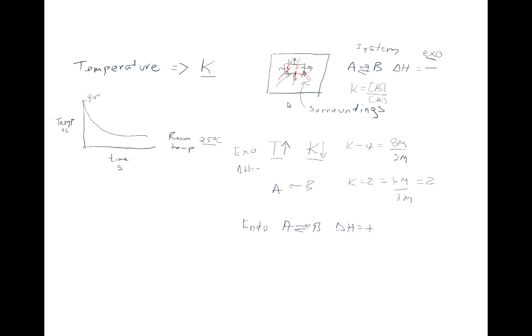That's an endothermic process. It's like when you put your hand on a cold glass of water, you feel the coldness of the glass because the heat is flowing from your hand into the glass of water. And it will keep doing that until the temperatures would be the same.